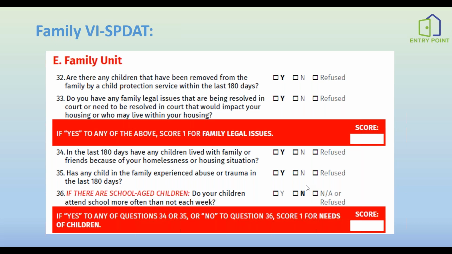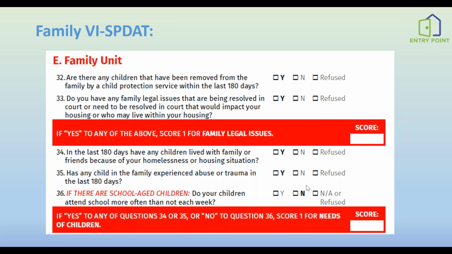So if this family is involved with DCFS, not only are you noting that on this VI SPDAT, but you're noting to your supervisors, to the coordinated entry lead team, because there might be other housing options available that this family is eligible for.